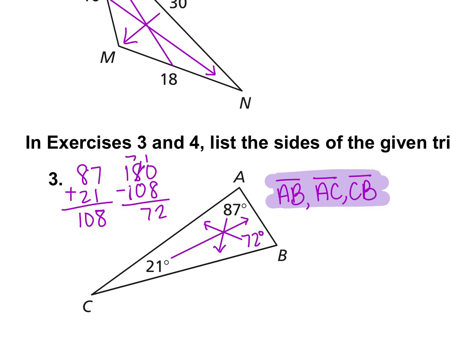My middle angle makes my medium side, CA or CB. And my largest angle makes this side the longest, CB or BC. If you switch them, that's fine.